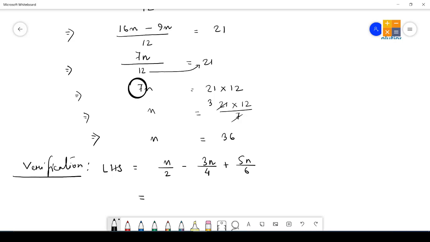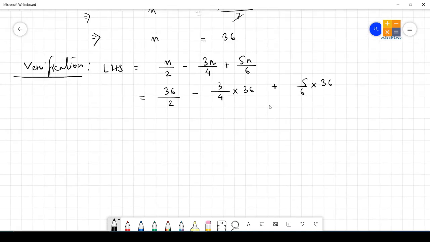Put the respective values in place of n. What do I have to do? I have to put 36. So 36 by 2 here, minus 3 by 4 into 36 in place of n, again plus 5 by 6 into 36. So in the next step, let us check what do I get.